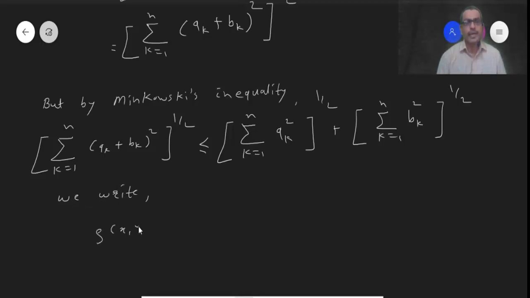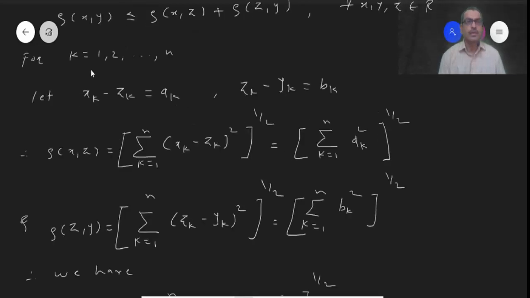the rho of xy is less than or equal to. Here, by using Minkowski's inequality, in this equation, the summation from k from 1 to n of (ak plus bk) squared, raised to the half, is bounded by the summation of ak squared, raised to the half, plus the summation of bk squared, raised to the half.